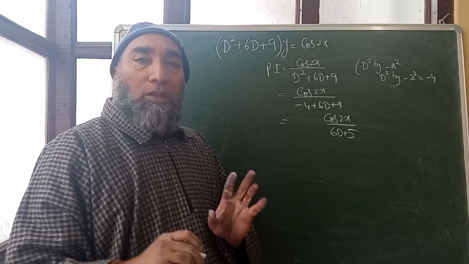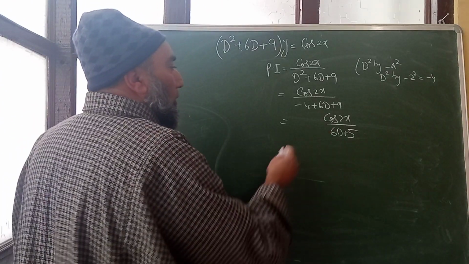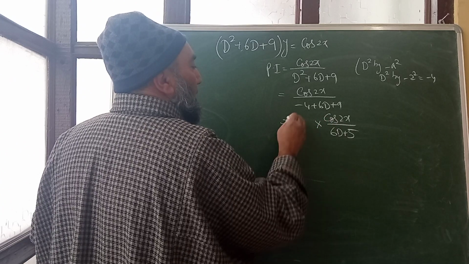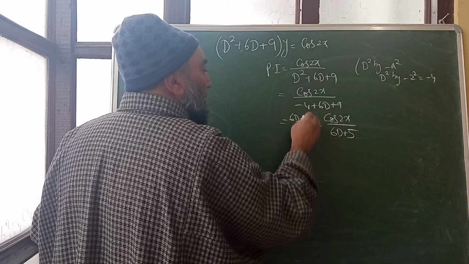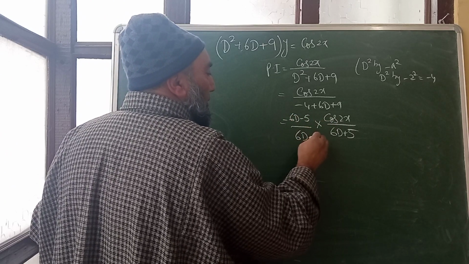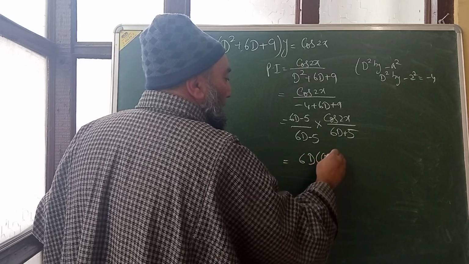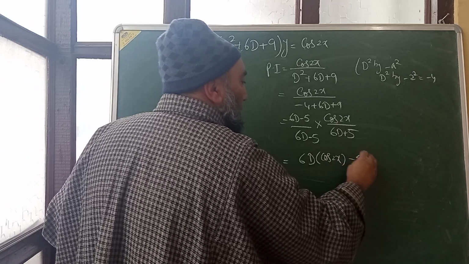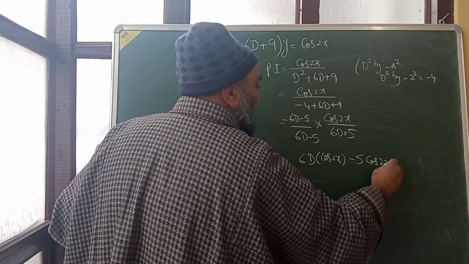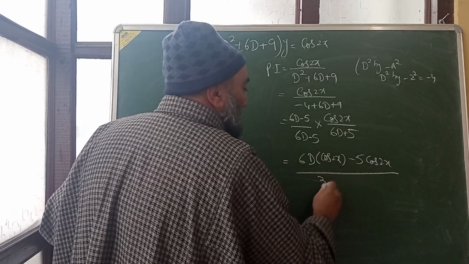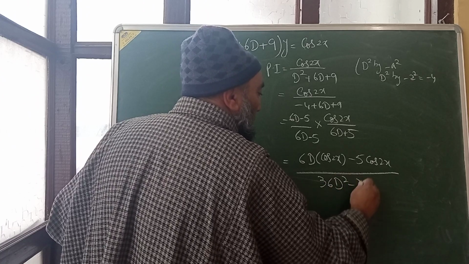Because for sine and cos I have to bring D square. What I will do is rationalize this: multiply by 6D minus 5 upon 6D minus 5. So this is 6 differentiation of cos 2x minus 5 cos 2x, upon 36 D square minus 25.